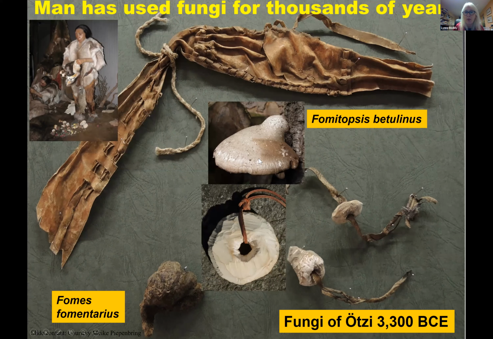It used to be called Piptoporus betulinus, now it's called Fomitopsis betulina. He also had Fomes fomentarius, I think, in his little bag. And so ancient man used fungi too, sometimes for things like sharpening tools or for starting fires, or indeed as medicines or for staunching wounds or what have you.